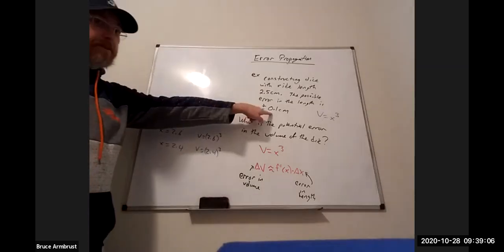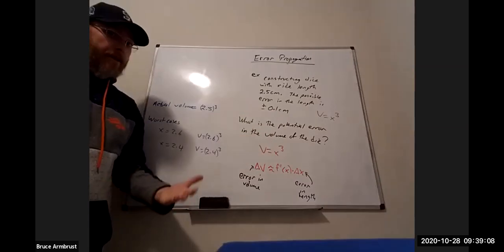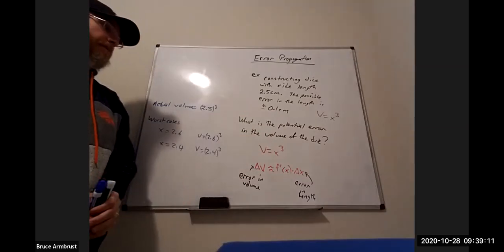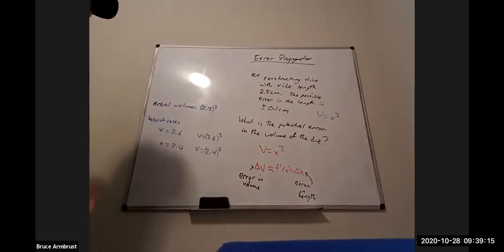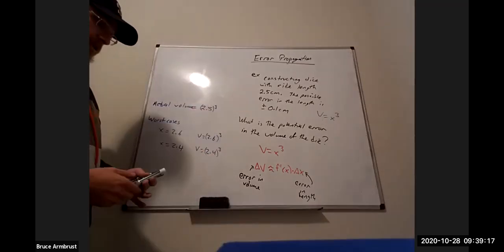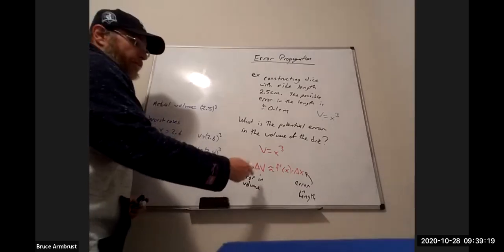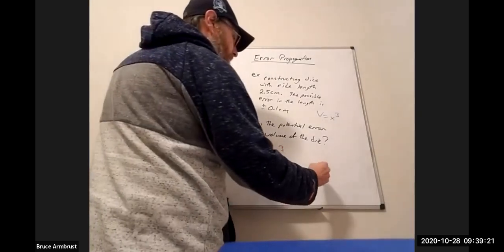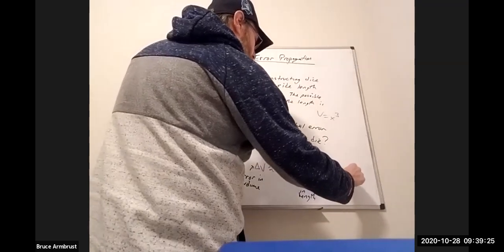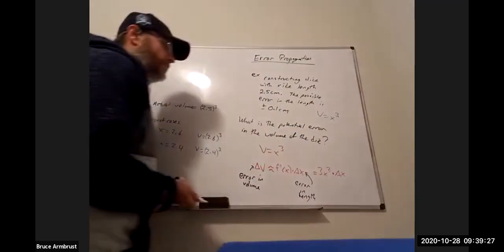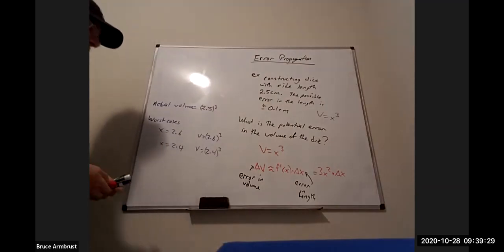I was told by the specifications that I'm off by at most 0.1 centimeters. So let me show you how we can use this to get a fast approximation. So f prime of x is 3x squared. And again, we're going to multiply that by delta x.